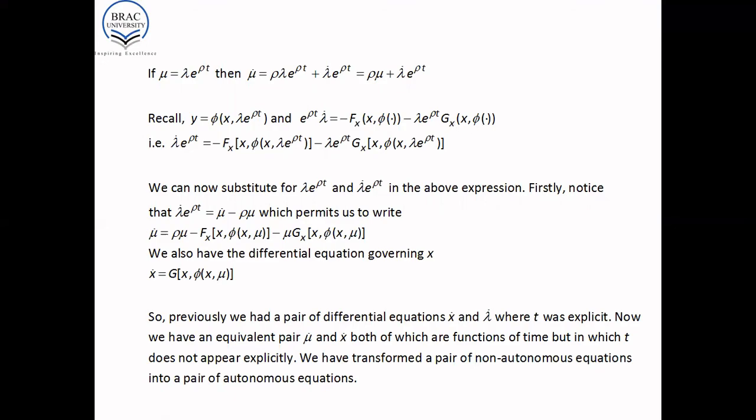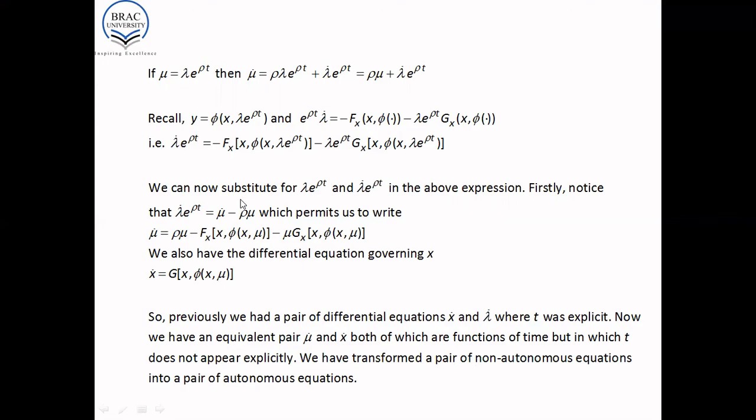So if you can rearrange this, you will get lambda dot e to the power rho t is equal to minus f sub x, x, and phi of x, lambda e to the power rho t, minus lambda e to the power rho t g sub x, x, phi of x, lambda e to the power rho t. So all we are doing is we're just completely writing down phi explicitly.